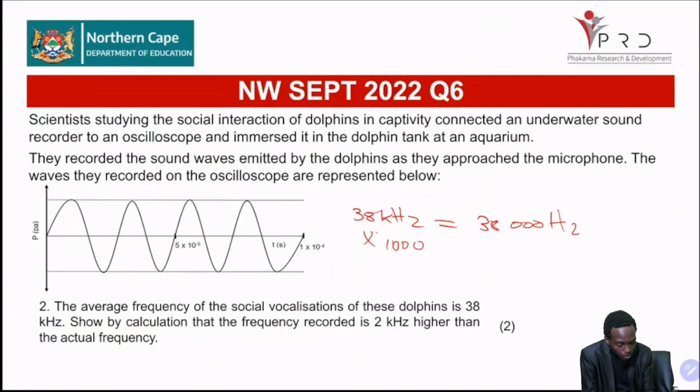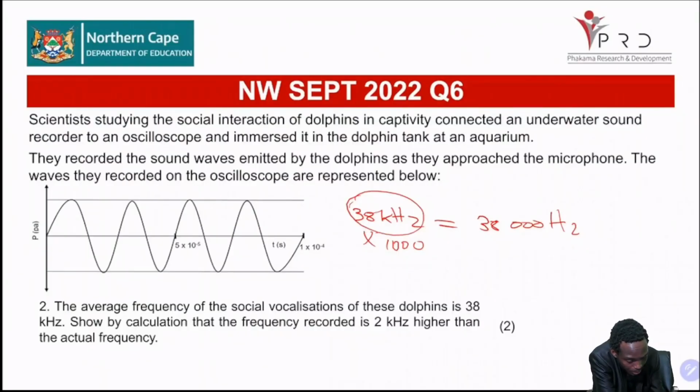The question says, show by calculation that the frequency recorded is 2 kilohertz higher than the actual frequency. So this is the actual frequency, but we are told that the frequency recorded is 2 kilohertz higher. So whatever calculation we perform, the expectation is that we either get 40 kilohertz or we get 40,000 hertz.